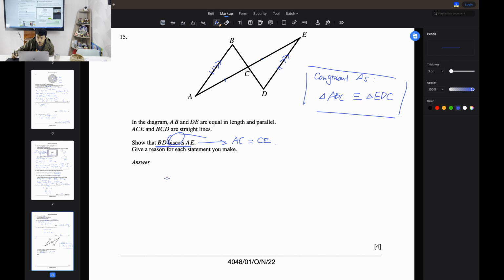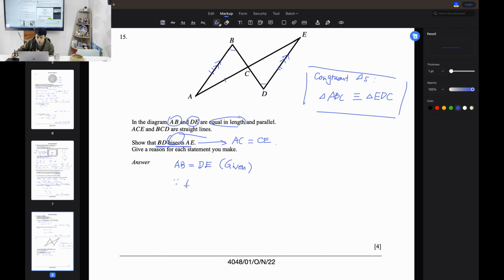So are we able to find this one? Because AB and DE are equal in length, this is given. So AB equals DE, this is given.